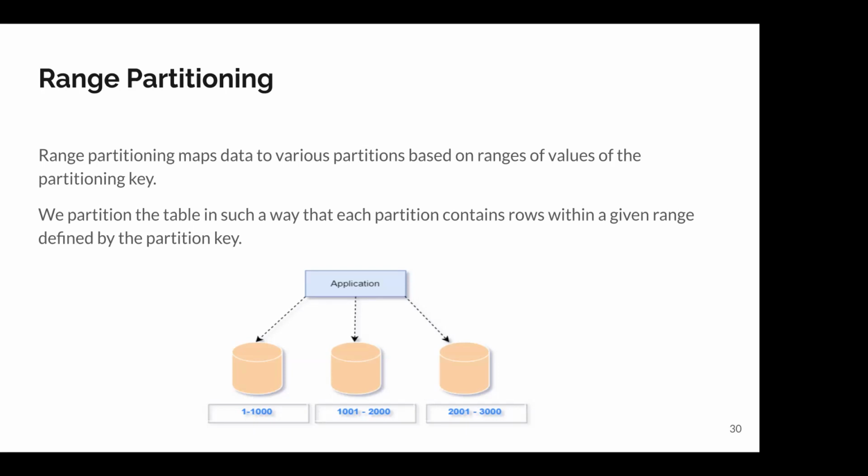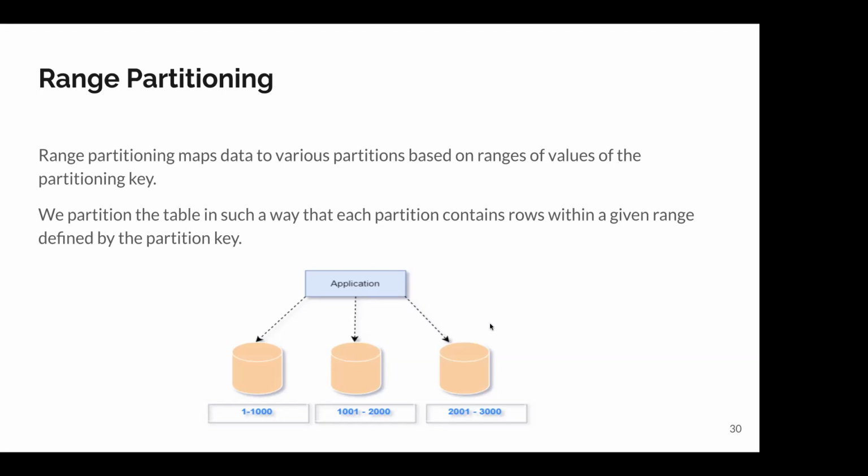But the disadvantage is uneven data again. The schools in the first partition, 1 to 1000, might have a small amount of data, say only 2 GB or maybe 10 GB. But the schools from 1001 to 2000 are very huge schools, and this database is like 100 GB in size.